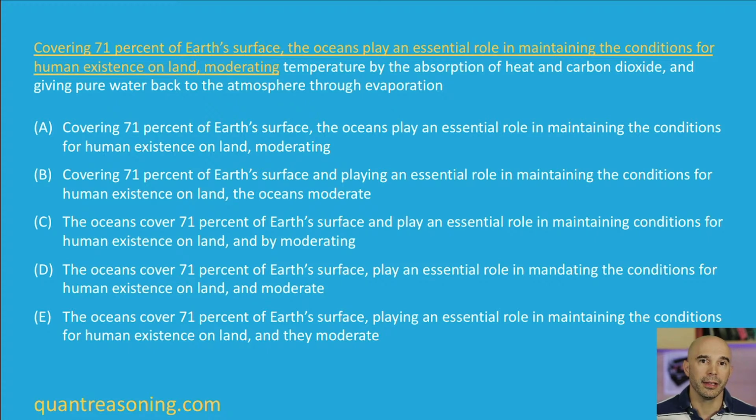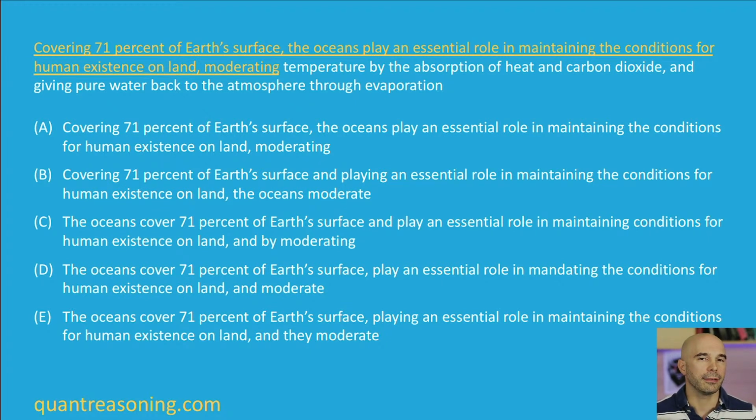So parallelism is going to require that we have something that matches giving. And from our logical analysis, we already know that moderating the temperature goes with giving pure water back. Those are two elements in the list of things that support the author's point.